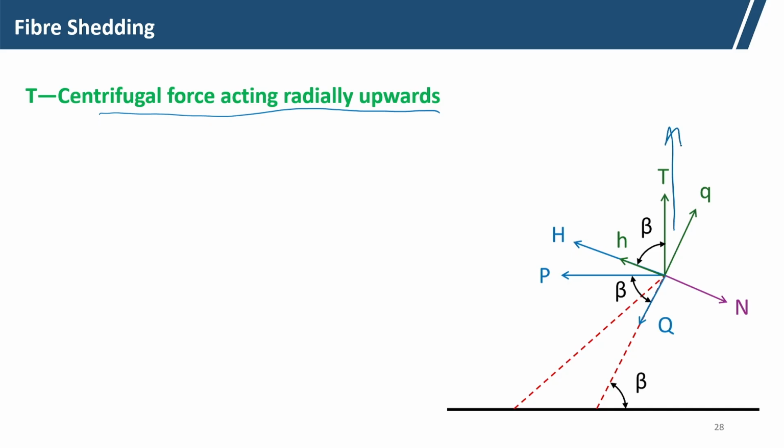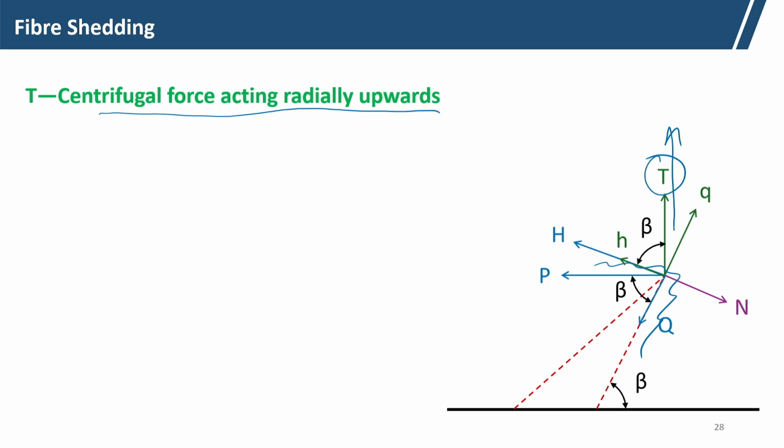Suppose there is a fiber here. Higher centrifugal force means higher chances of fiber coming out from the surface, like from the cylinder surface to the doffer surface, where the fiber has to move.